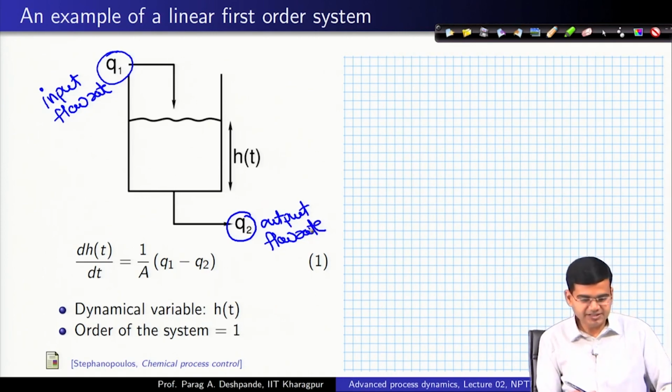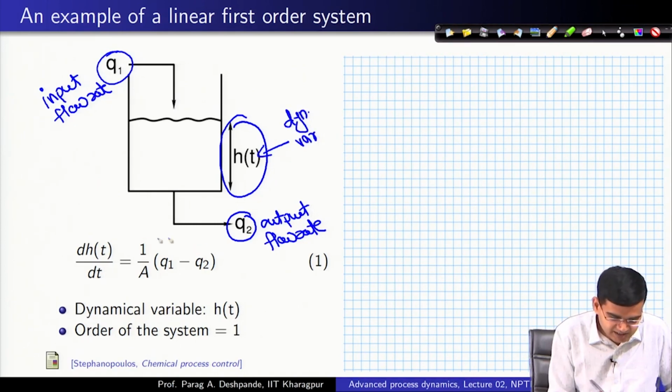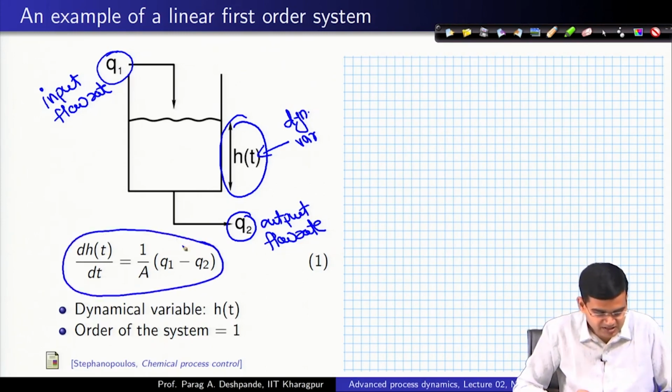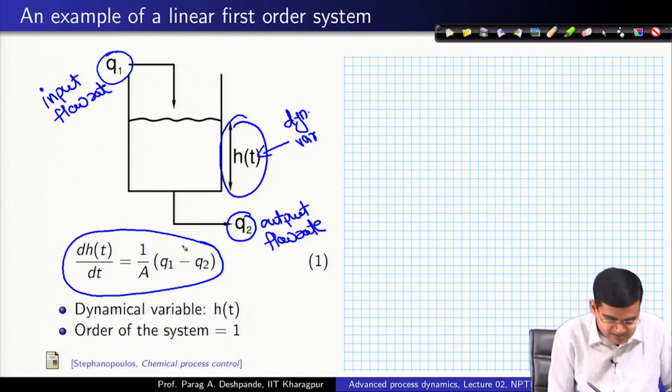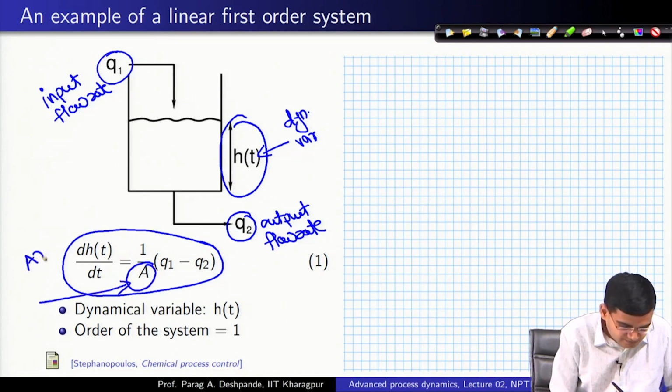H is the liquid level in the tank and therefore, this is your dynamical variable. You see here that the model equation is given in terms of H of t: dH by dt is equal to 1 over A times (q 1 minus q 2). A is the area of cross section of the tank.